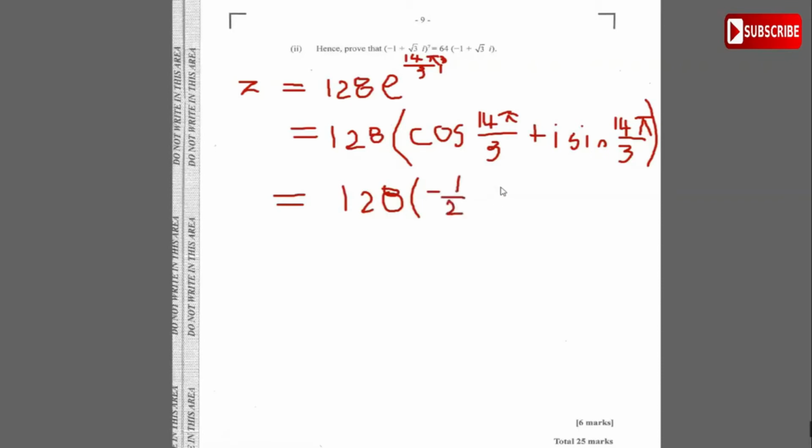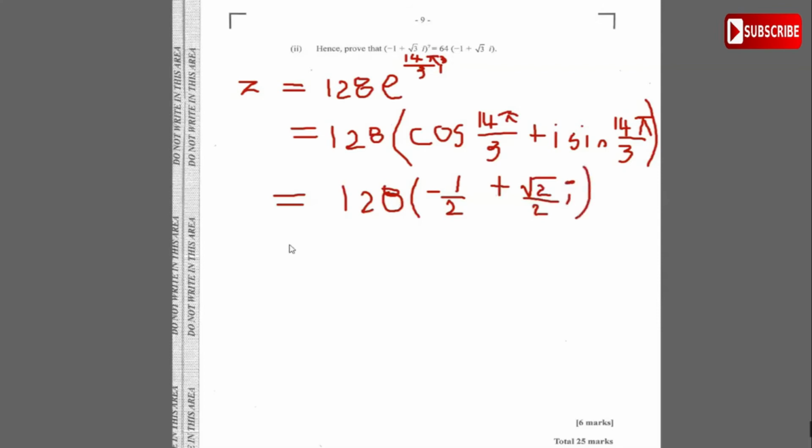Minus a half plus, you find out what is now the sine of 14 pi by 3. The sine of that is root 3 over 2. So I get root 3 over 2 times i.